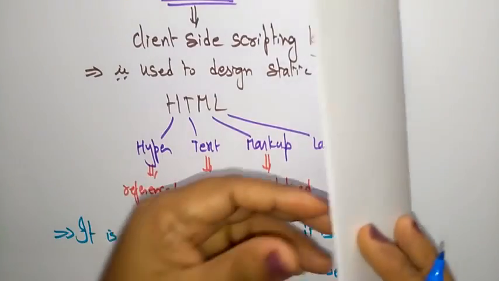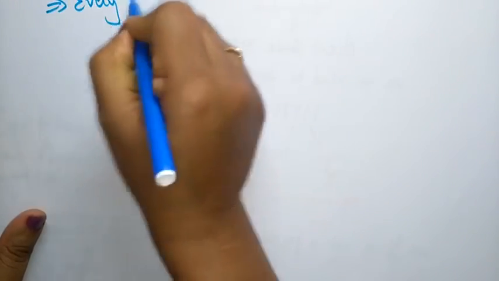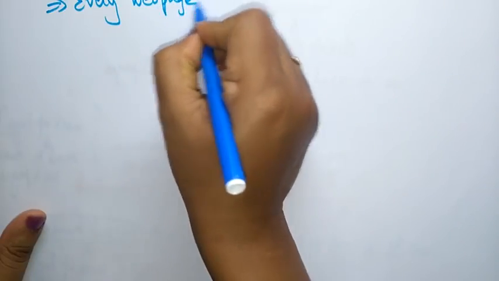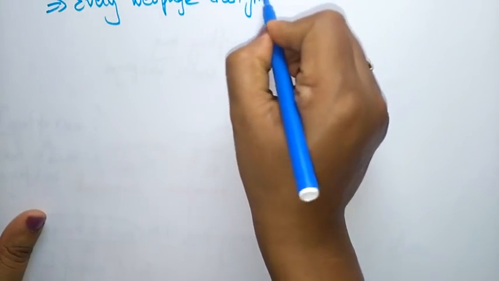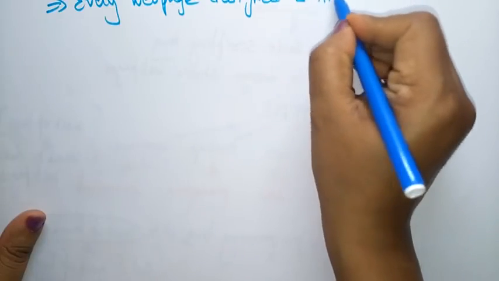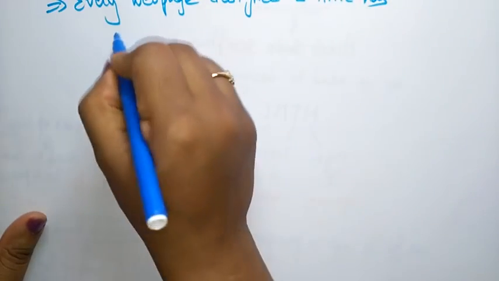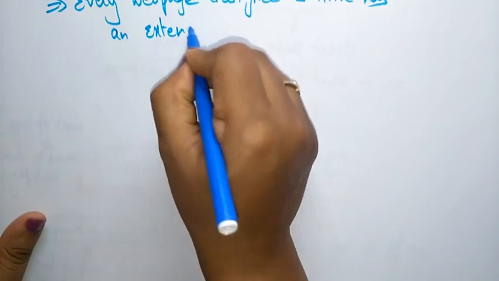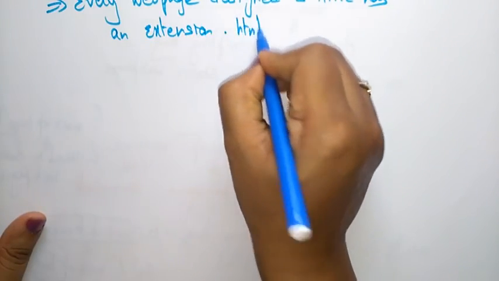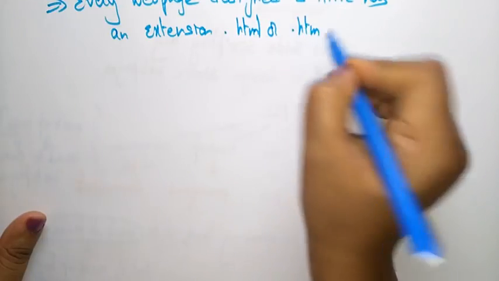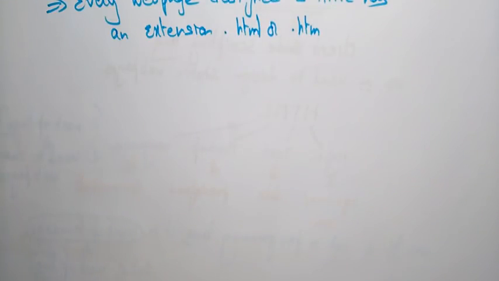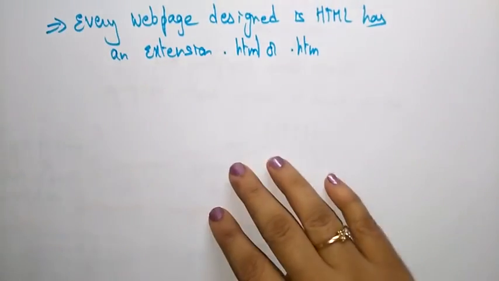Whatever web page you want to design, every web page designed in HTML has an extension. It is saved with an extension like .html or .htm. So whatever program you are writing, in the form of tags, should be saved using the extension .html or .htm.